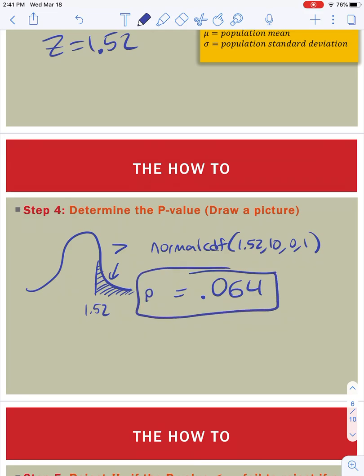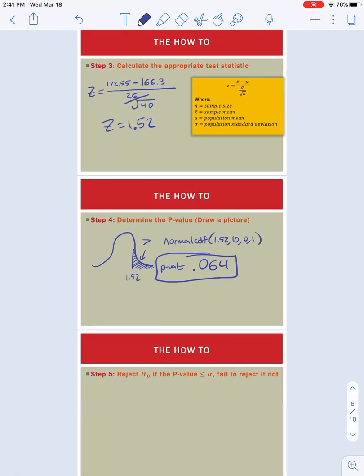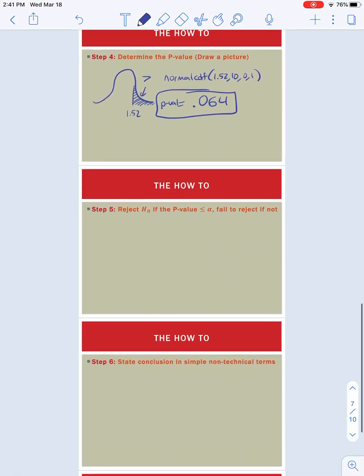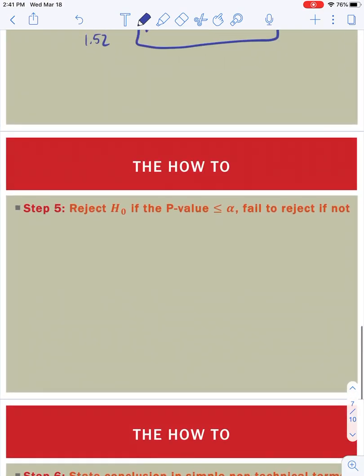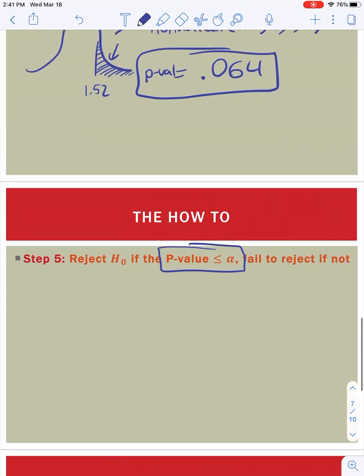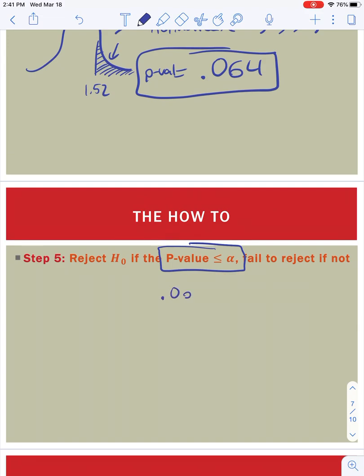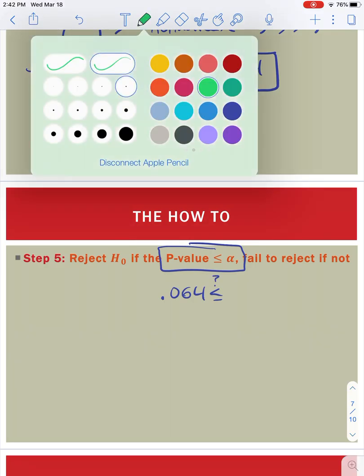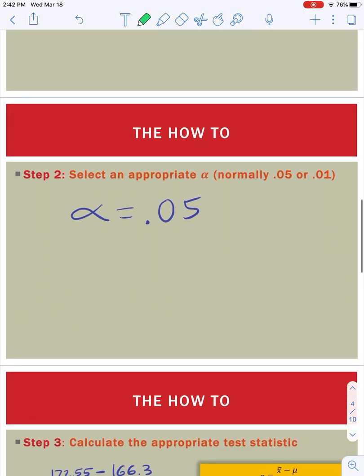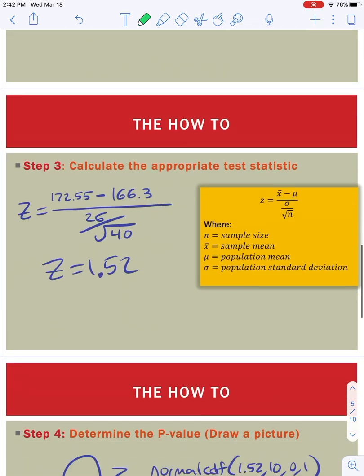And that's your p-value. Now, we have to determine whether or not we should reject or fail to reject. It's all about this: is the p-value less than or equal to alpha? Well, our p-value was 0.064. And we're asking, is that less than or equal to our alpha, which if you remember from the beginning of the problem, we set to be 0.05.